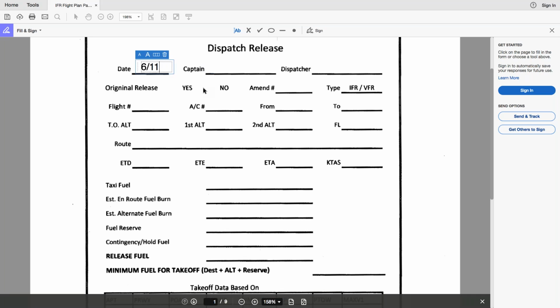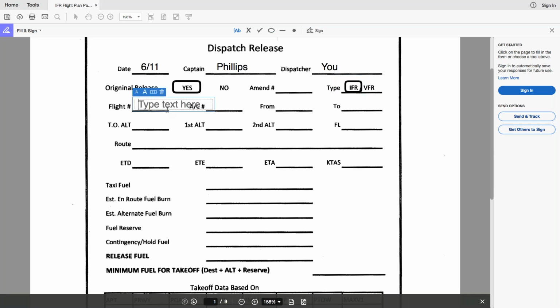611, Captain Phillips, dispatcher is you. Okay. This is original release. Okay, we're flying IFR2. I'm going to knock that one out real quick. This is not an amendment. This is an original release.